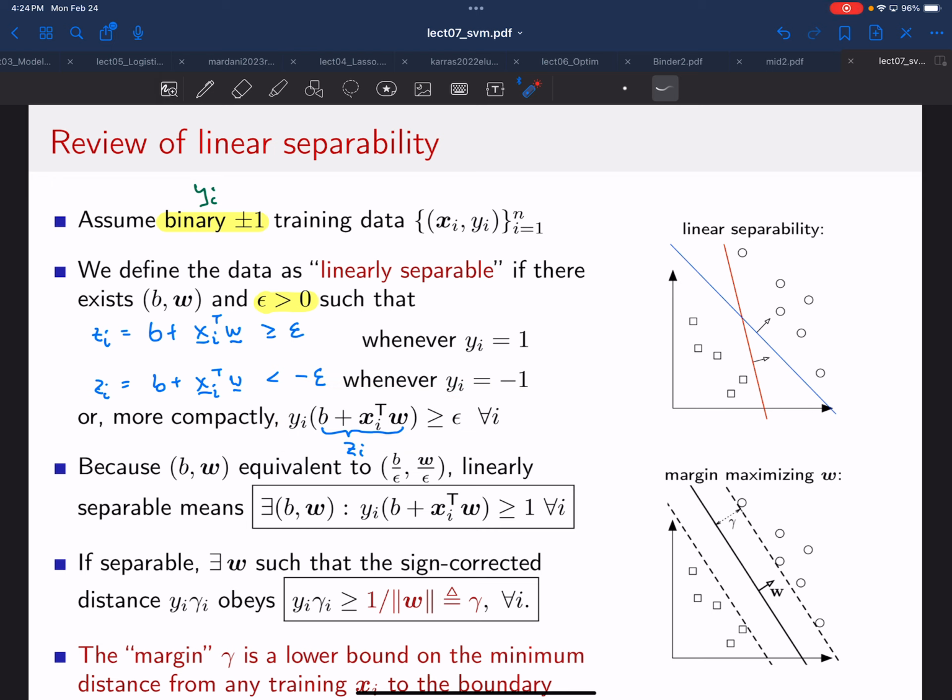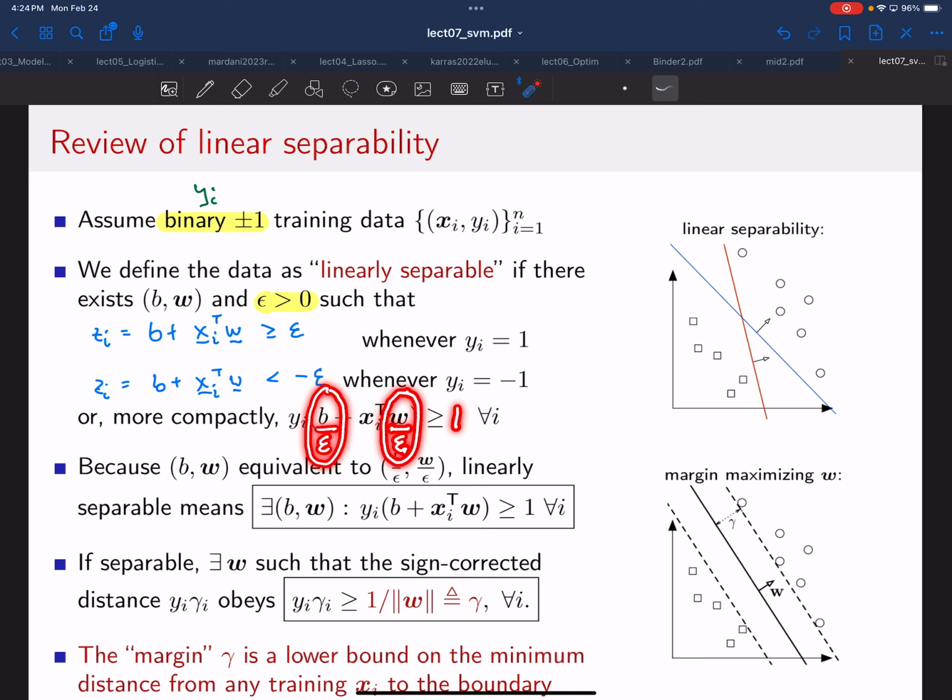So now we can make one other simplification. Let's say that we divide both sides of this equation by epsilon. So then I get 1. I'll put an epsilon there, and I'll put an epsilon here. So now it basically looks like I have the score again, but for a new bias, which is b over epsilon, and a new weight vector, which is w over epsilon.